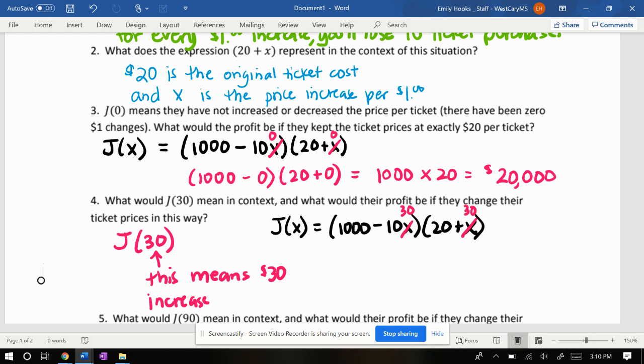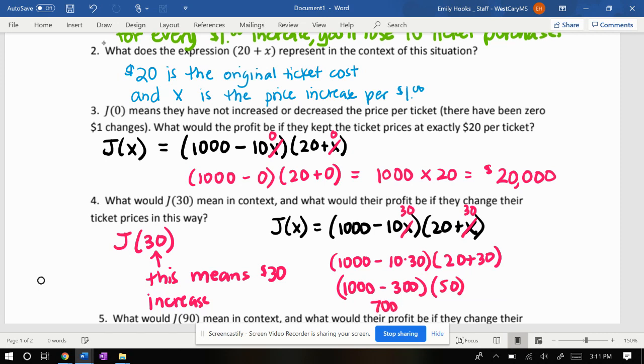So now we have 1,000 minus 10 times 30 times 20 plus 30. Then you can just do order of operations. 1,000 take away 300 times 50.